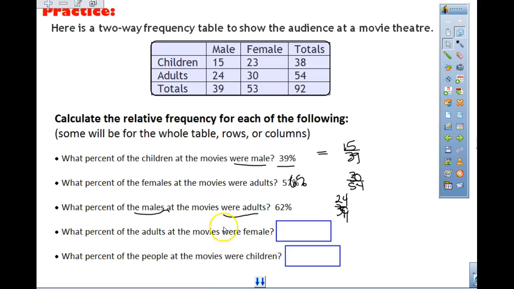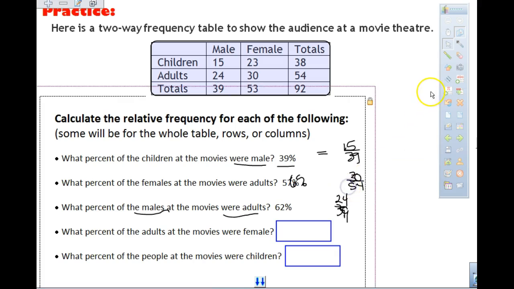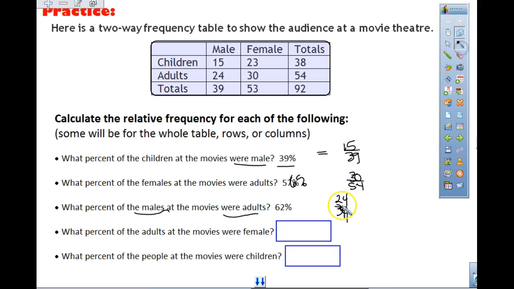We have to be 54 because it's adults. So should we have had this one of females be 53? Yeah. 30 by 53 to give us the 57, if we are looking at that. 30 divided by 53 gives us 57.